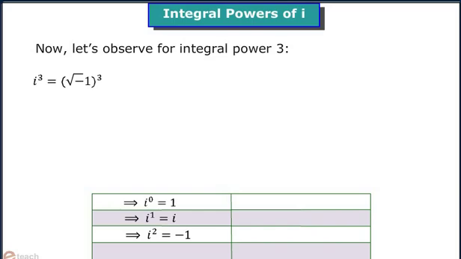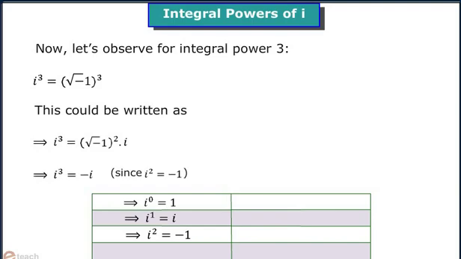Iota raised to the power 3 equals under root of minus 1 raised to the power 3. This could be written as iota cube equals under root of minus 1 square into iota. Since we know that iota square equals minus 1, that is why iota cube equals minus iota.